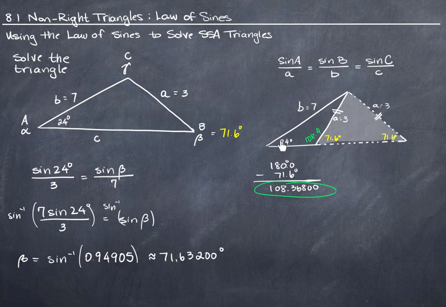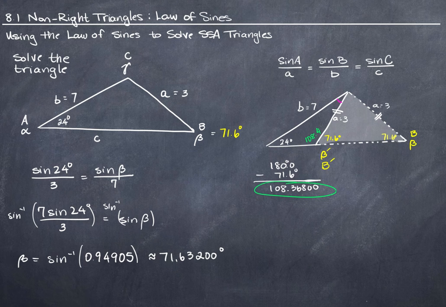All right, now I have two angles and two sides. I have the angle across from here, the side across from this angle and the side across from this angle. So all I need now is this small angle in here, and the side across from that. I'm going to call this angle here beta, or B. And then I'm going to call this one here beta prime, or B prime, to distinguish it from the other B angle.